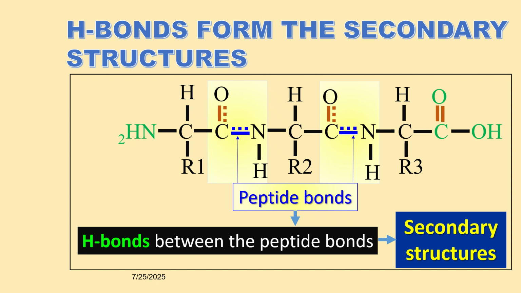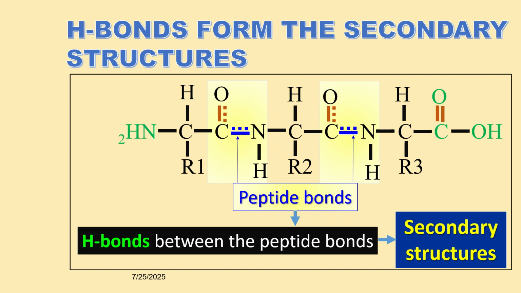Now these electropositive and electronegative groups in a peptide bond have a tendency to form hydrogen bonding with other peptide bonds, not within the same peptide bond, and this interaction through hydrogen bonding between different peptide bonds is responsible for the formation of secondary structures.